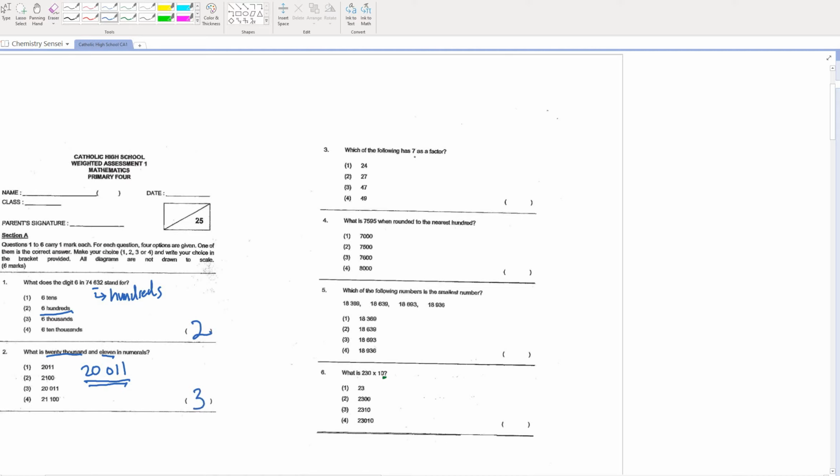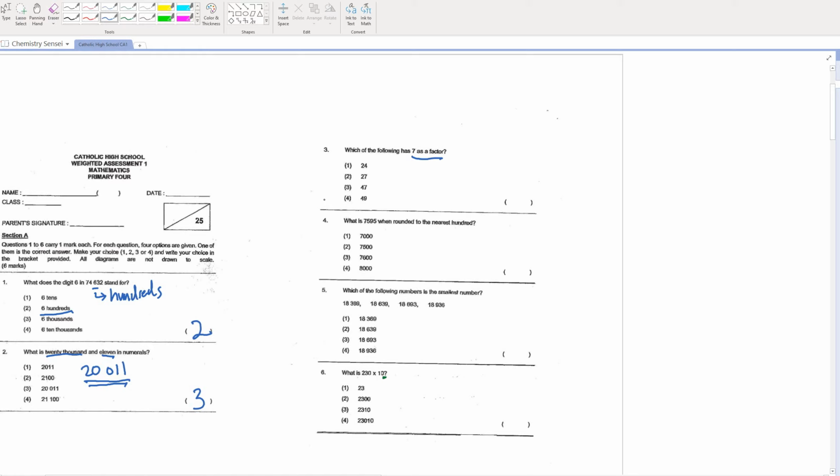Question 3. Which of the following has a 7 as a factor? Okay, so they are asking which of these numbers can be divided by 7. For these numbers to be divided by 7, they must be a multiple of 7.